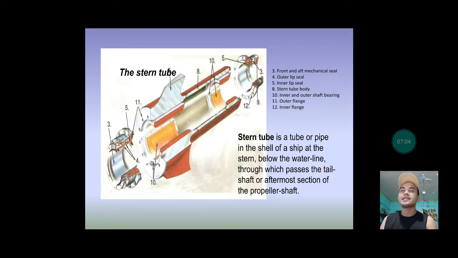So the stern tube has gravity tanks. If you want to prevent seawater from entering the ship, you just have to choose which gravity tank you will use, the higher or the lower gravity tank, depending on the seawater level outside the ship. That gravity tank will counter seawater from entering, because your gravity tank is at a higher location than the seawater line outside the ship.